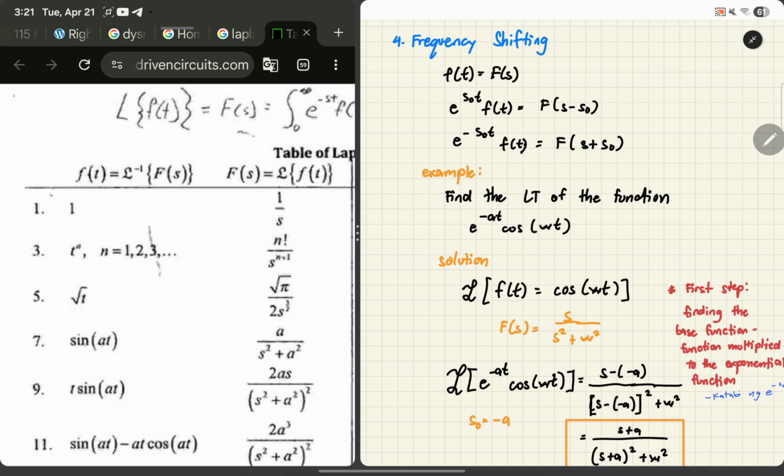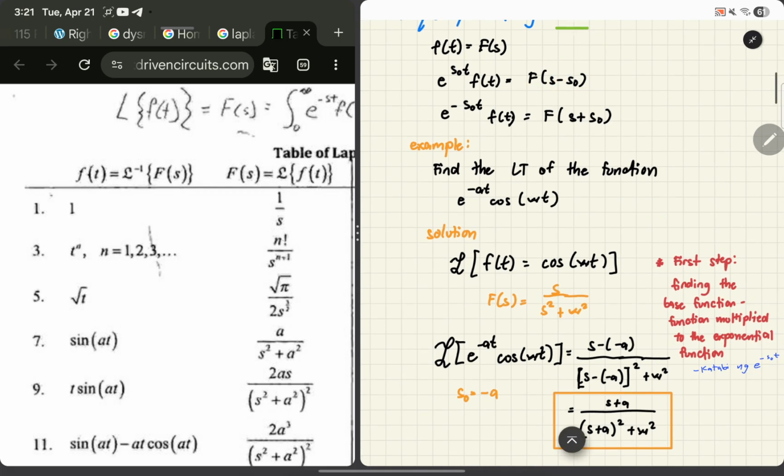So as you can see, if our exponent is positive, then the sign here will be negative. Okay, so let's apply it in an example.